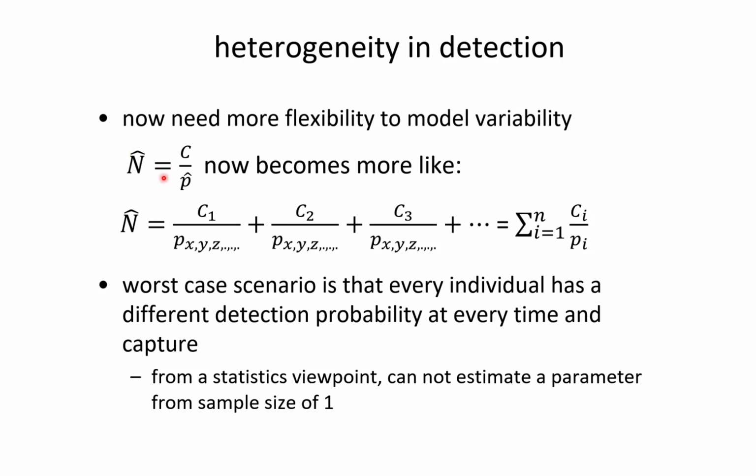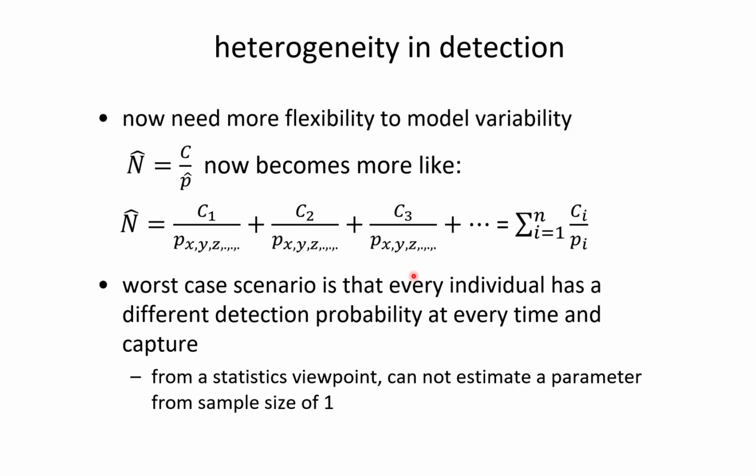So here is the canonical estimator for abundance based upon what we've talked about before. We have the count divided by essentially our estimated P star. Now, again, this is fine if everybody's flipping the same coin. If they're not, then you need to modify this to allow for heterogeneity.